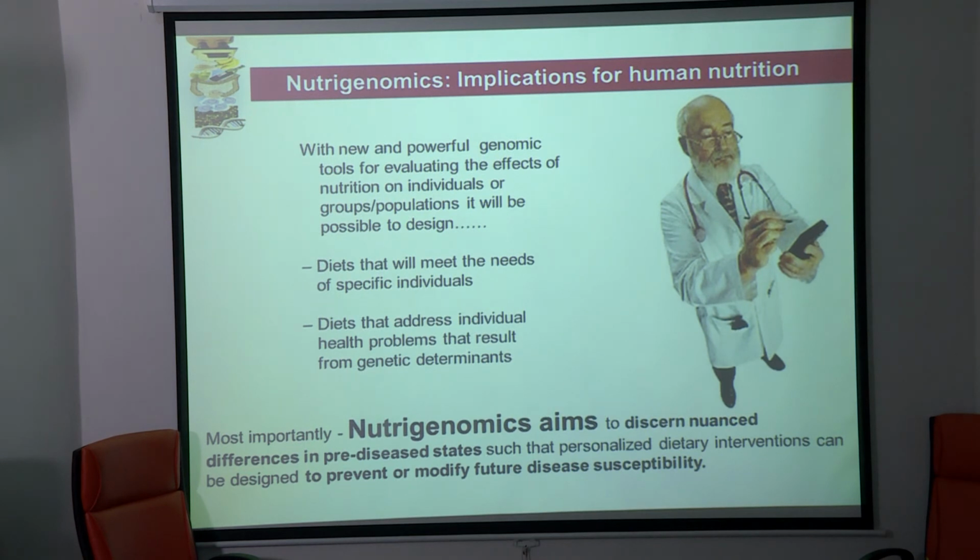With all these functional genomic tools for evaluating the effect of nutrition on individuals, groups, and populations, it will be possible to design diets that will meet the needs of specific individuals, as well as diets that address individual health problems that result from genetic determinants. So both nutrigenomics as well as nutrigenetics are taken into consideration.